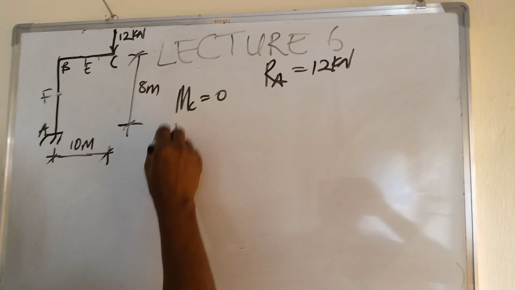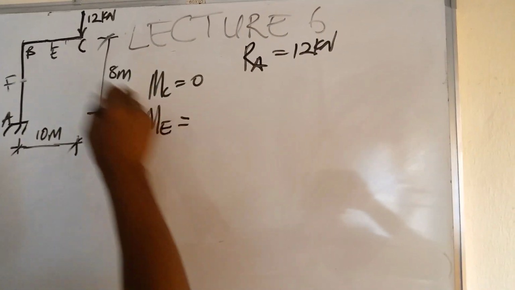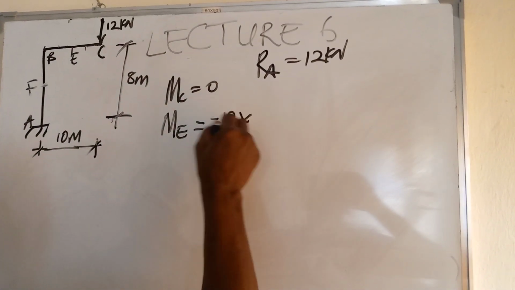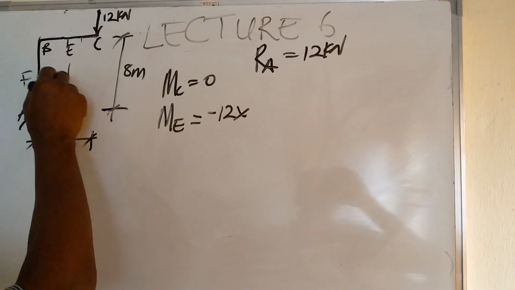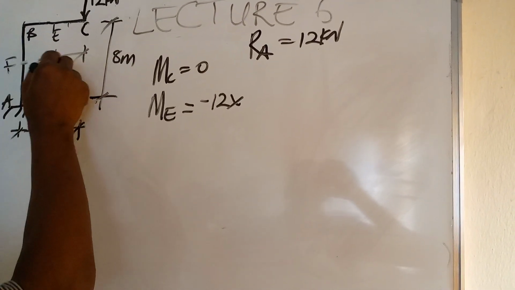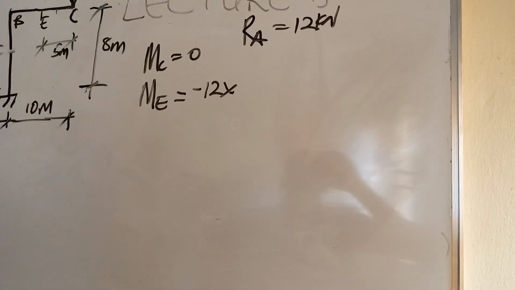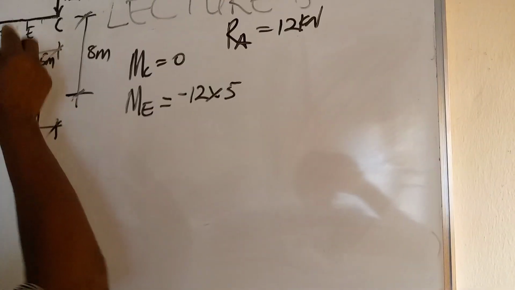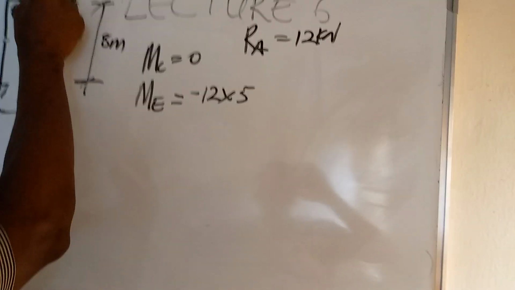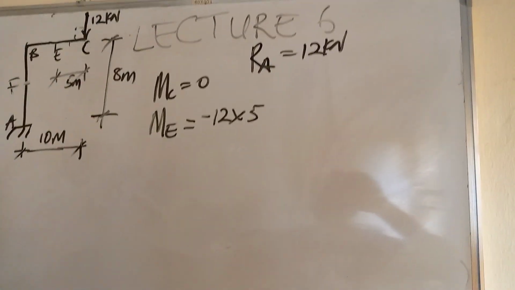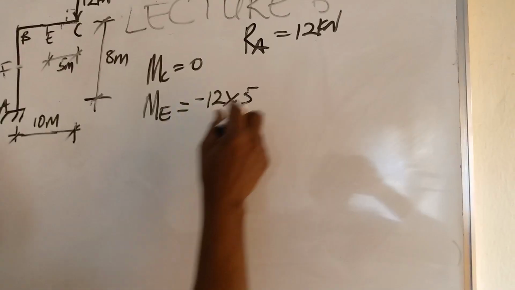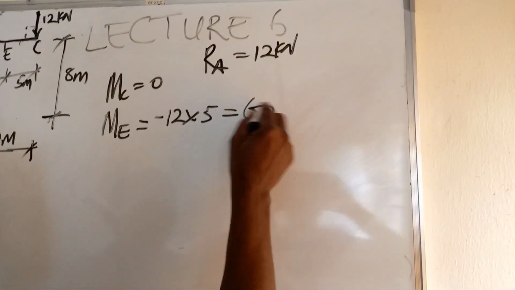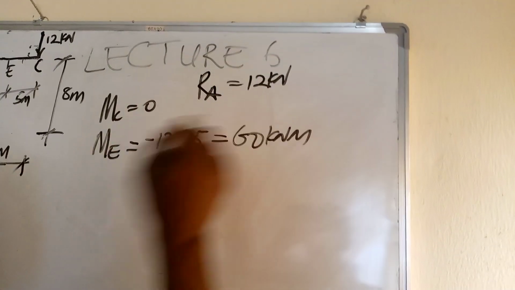At E, M at E is equal to the load, 12, times the distance EC, which in this case should be 5 meters since E is in the center. That's times 5, the perpendicular distance to the load, hence this angle is 90 degrees, the angle between the load and the distance. Which means the moment at E is equal to 60 kilonewton meter.